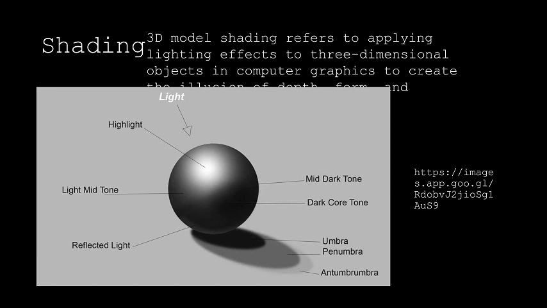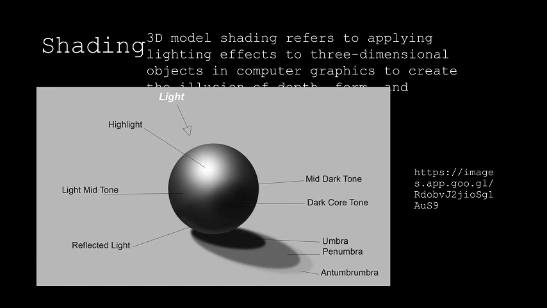Then we have shadow. Here we have the highlight. Midtone is in the middle of the object. Reflected light comes from the surface the ball or the object is standing on, so it is below the object.